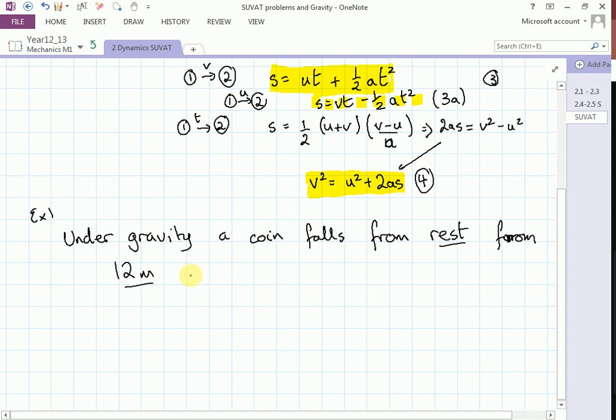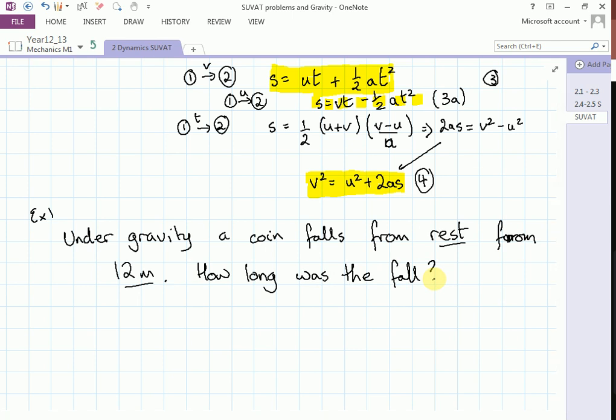And the question is, how long does it take? Now this is fairly grotty numbers. It's because I took it from an MEI book, not from an Excel book.